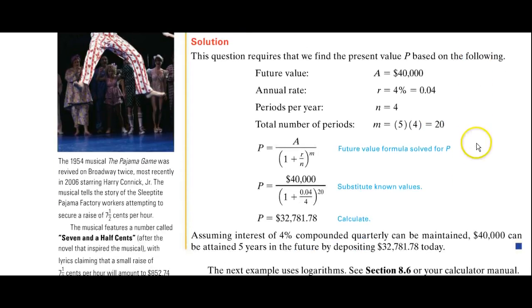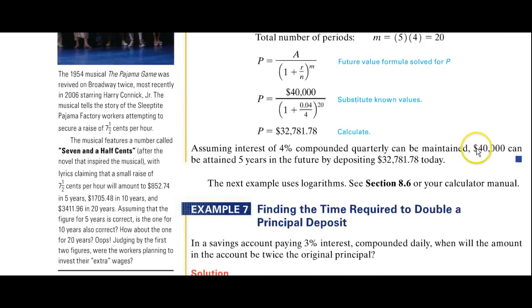So I'm over-explaining that a little bit here. So what we're going to do is carefully now substitute. Well, our 40,000 goes there. Our 1 is the easy part. 4% divided by 4, and our M value is 20. Again, you're going to take this, figure it out, add 1, caret 20, and then depending how your calculator works, I would put 40,000 divided by answer, and that would give you this.